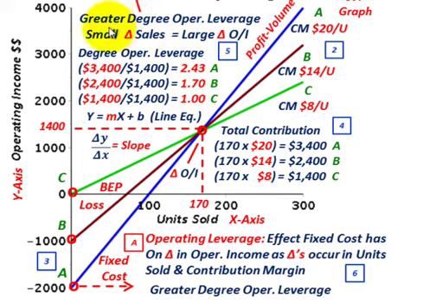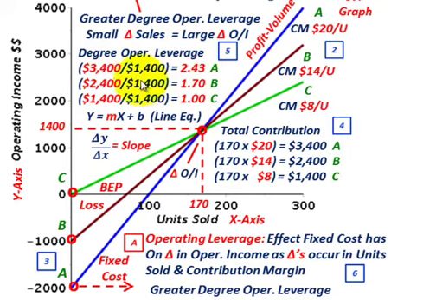And really what that is saying, the greater degree of operating leverage, that is where a small change in sales is going to equal a large change in operating income. So that's how you look at the degree of operating leverage, and we'll go through that.